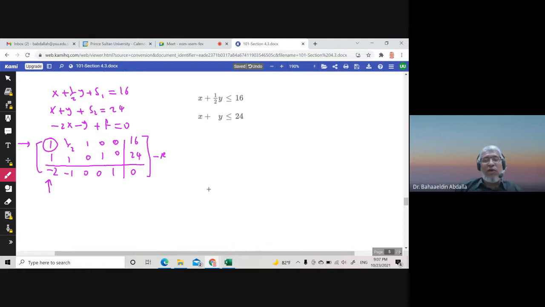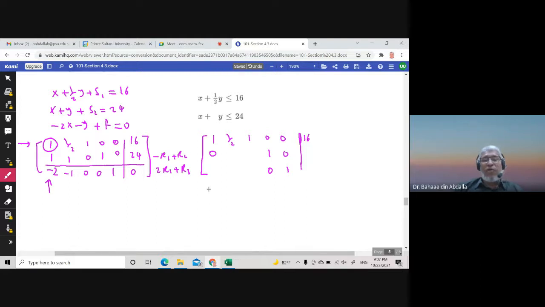So negative R1 plus R2, 2 R1 plus R3, and we will reach the new matrix. Well, the first row as it is. And now let us find the second row. Negative 1 plus 1 is 0. These are zeros, so let me write the numbers below and above.